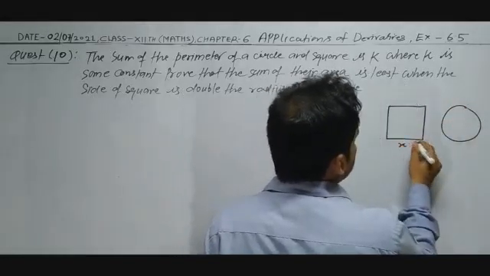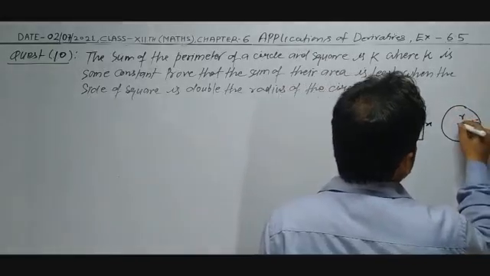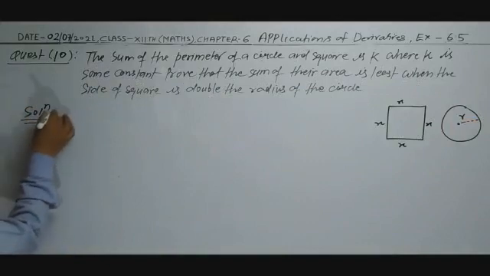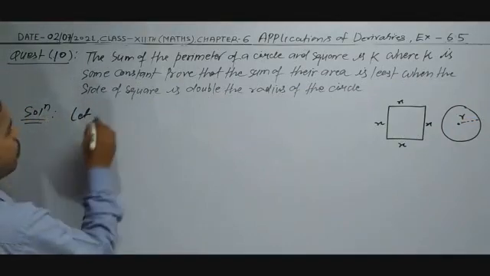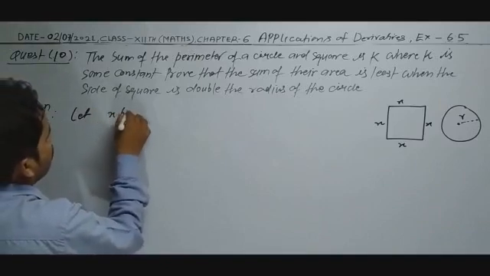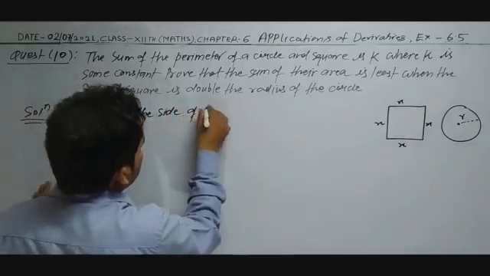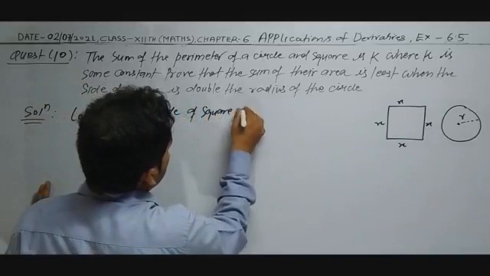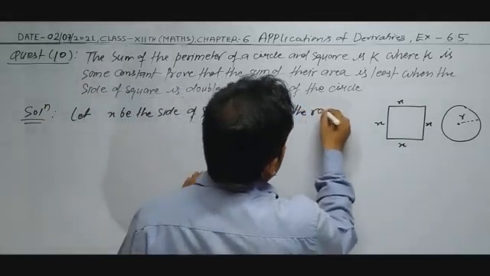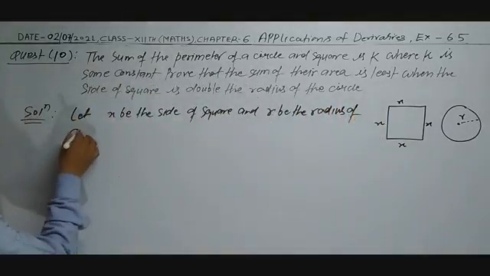Let small x be the side of the square and small r be the radius of the circle.